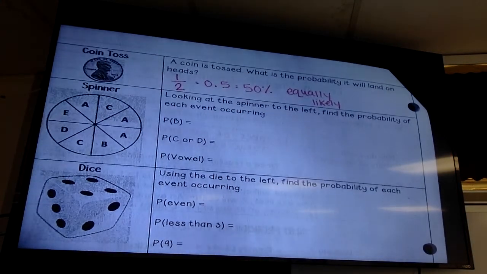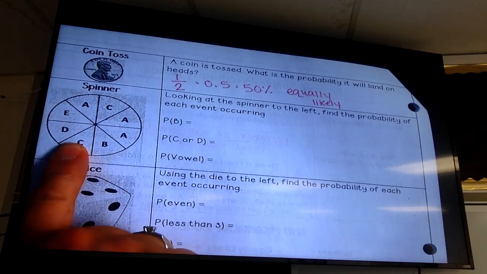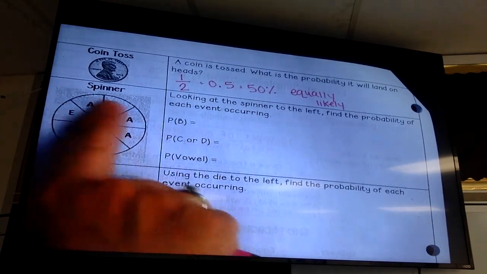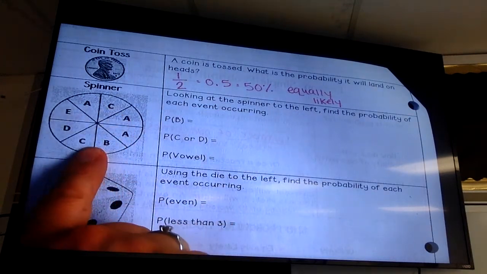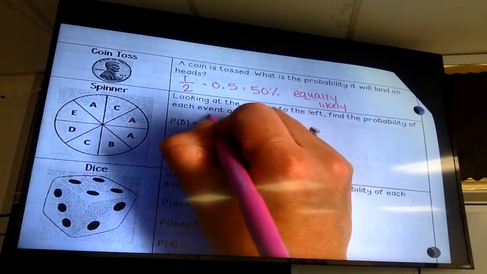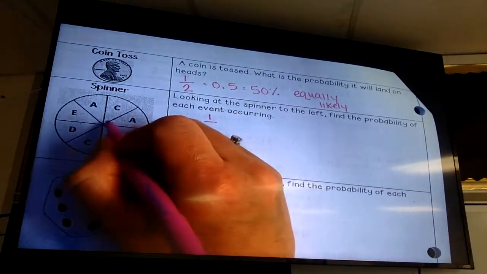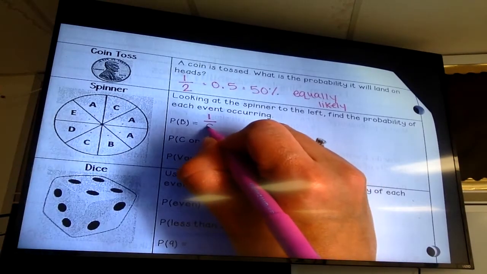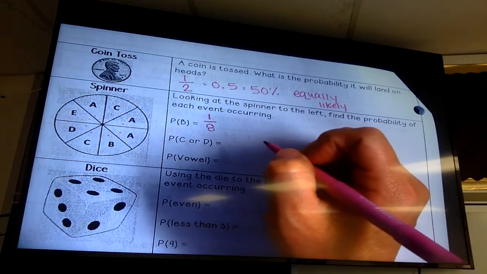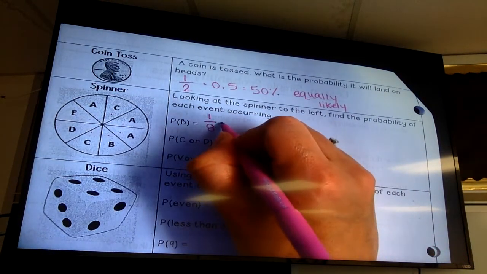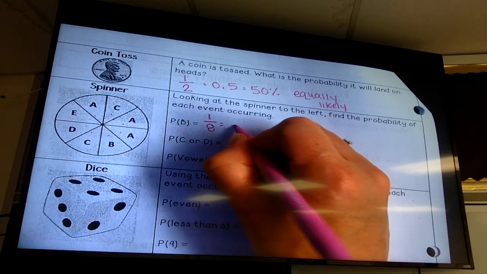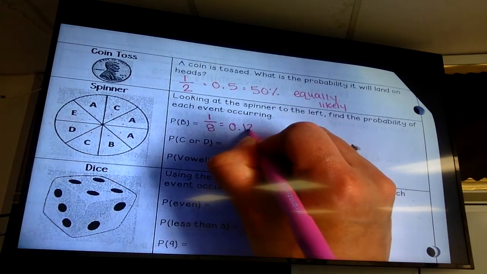Looking at the spinner to the left, find the probability of each event occurring. So here we go. Here's my spinner. What's the probability I'm going to spin a B? Well, there's only one B, and I'm going to count the spaces: 1, 2, 3, 4, 5, 6, 7, 8. There's 8 possible spaces. So I would say 1 out of 8. We're going to use our calculator. 1 divided by 8 should give you 0.125.